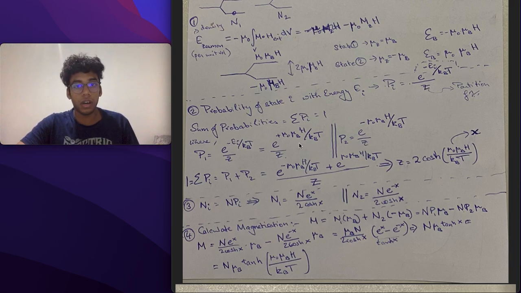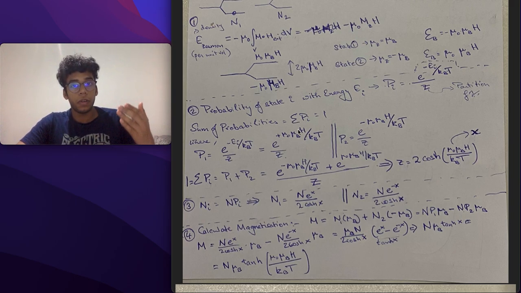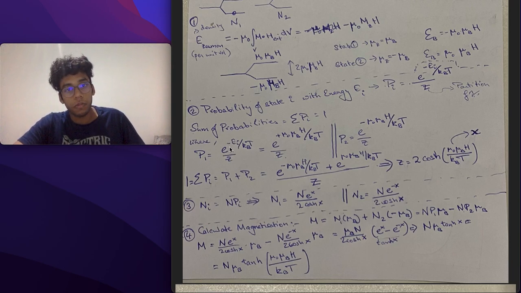Because the sum of probabilities is 1, that is, you find the electrons with either spin up or spin down, P1, the probability of finding something in spin up, is given by e to the power of mu naught mu B H by kBT, and similarly for P2.